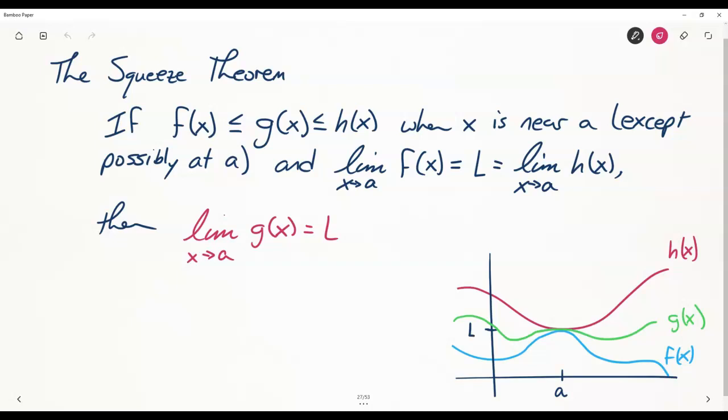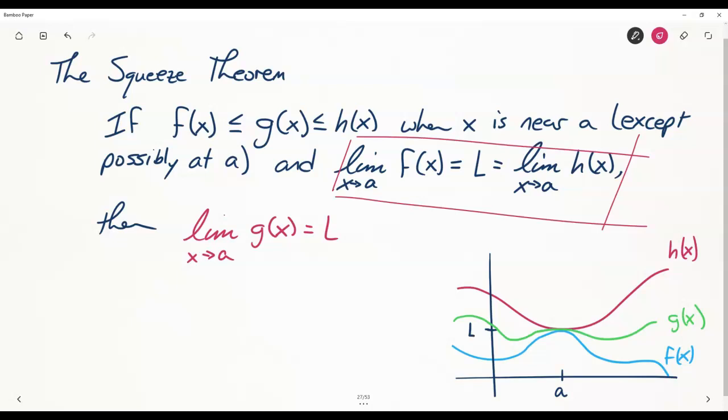And we have made another assumption in the problem: that the limit of f of x, in other words, the limit of the smaller function, and the limit of the larger function, h of x, both approach the same value as x approaches a. So what happens is these functions pinch down to a single point. But g of x is in the middle of them.